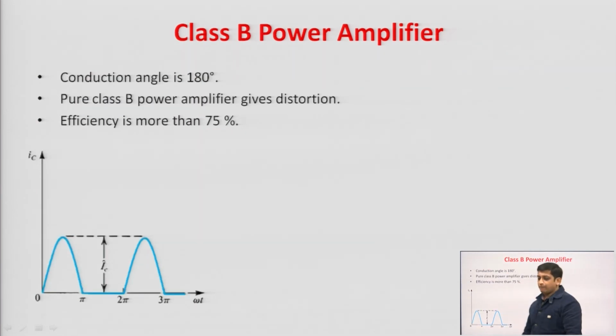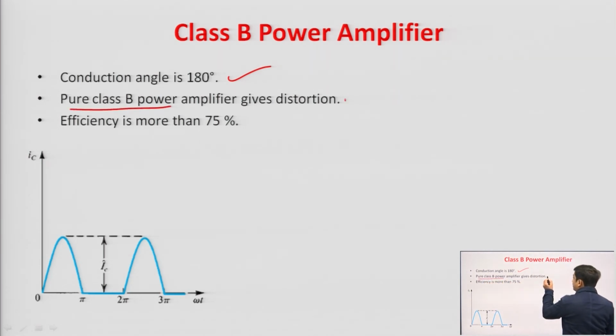Next is class B amplifier. In class B amplifier, the conduction angle is 180 degree. If the conduction angle is 180 degree, it means that only for the half cycle of the input, the output current is flowing. So, this pure class B power amplifier gives distortion. Obviously, we will get distortion because only for the half cycle we are getting the output.